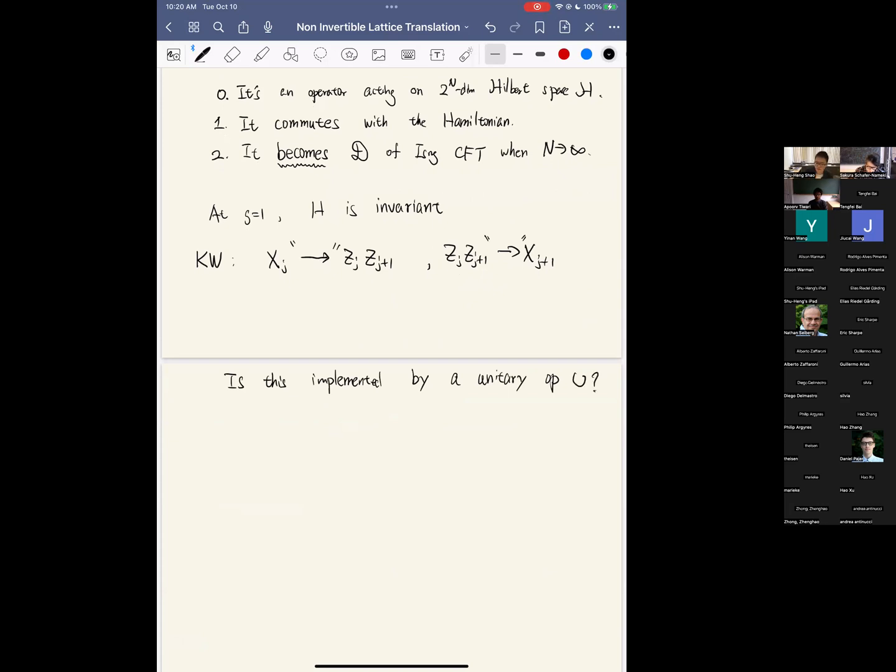That's what we usually mean by a global symmetry. But in this particular case, you immediately see that that's not possible. Because suppose there were such a unitary operator that implements the arrow.